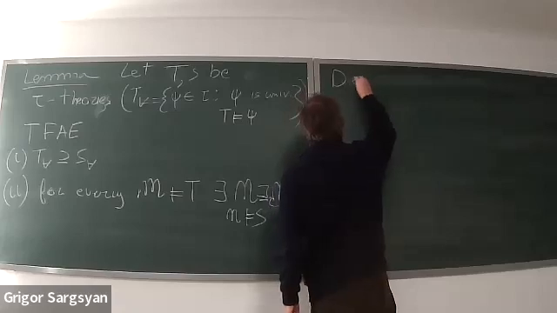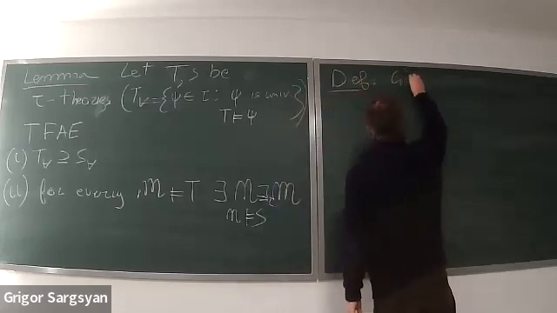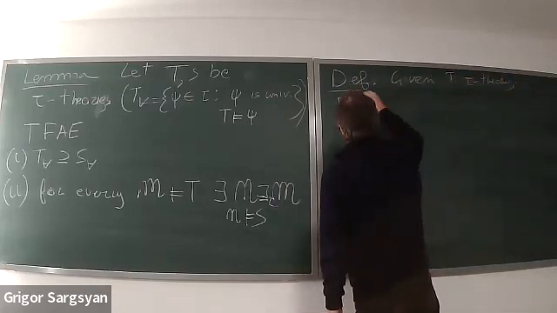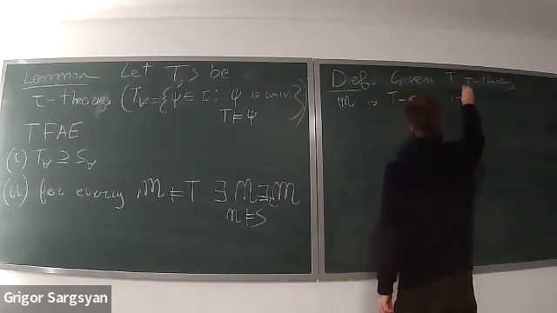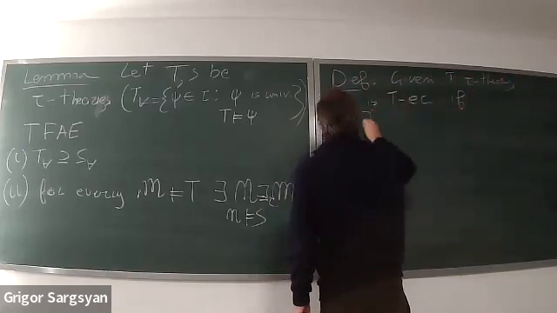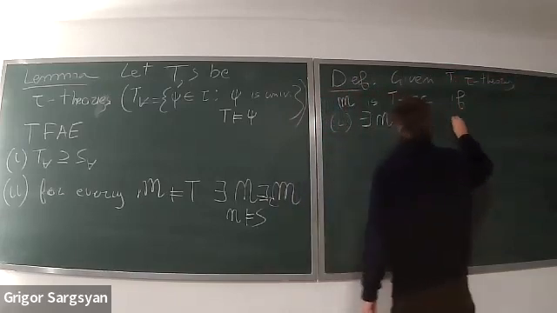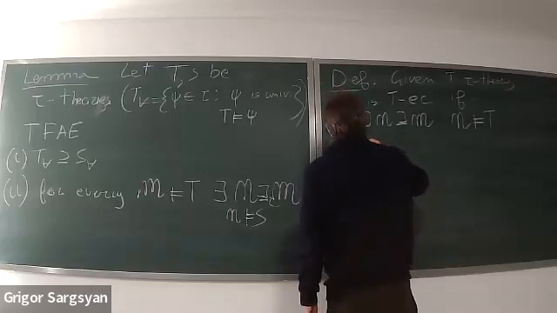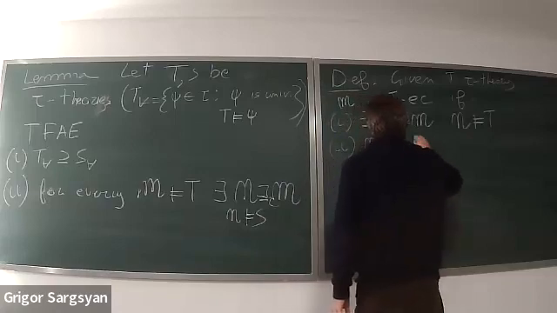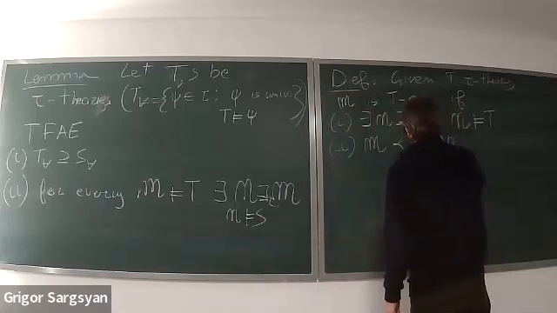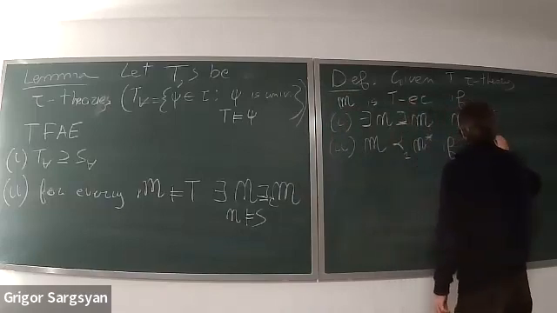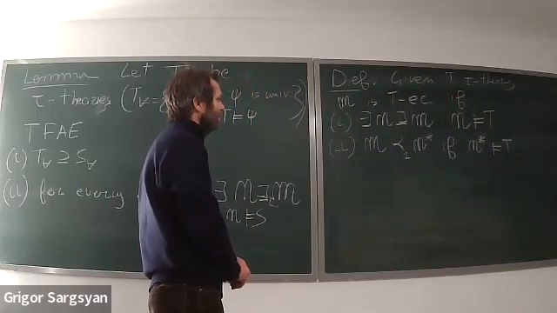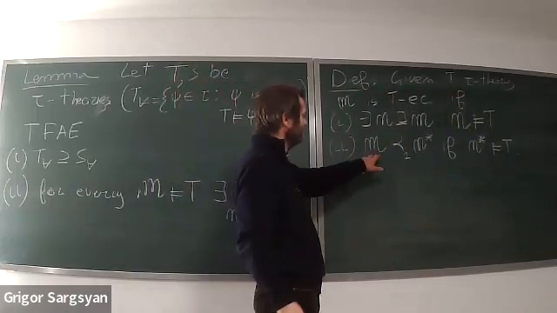This is the notion of existentially closed model, a definition given the theory T. M is existentially closed for T if, one, there exists a superstructure N of M such that N is a model of T, and two, M is Sigma one elementary in N star whenever N star is a superstructure of M that is a model of T. Whenever you pick a superstructure that satisfies the theory T, then the Sigma one theory reflects down.